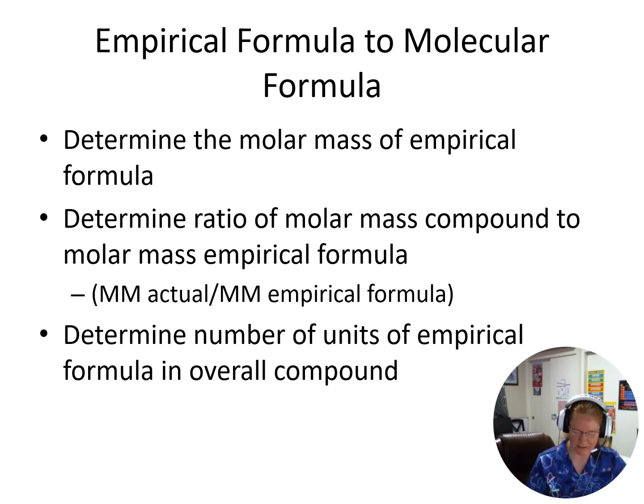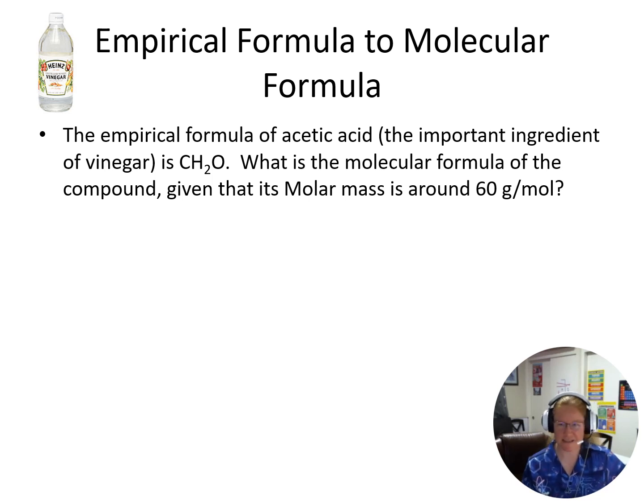So, acetic acid, vinegar. We want to know what the molecular formula is, given that the molar mass of acetic acid is about 60 grams per mole. So what I do is I figure out the molar mass of my empirical formula. My empirical formula is given here.